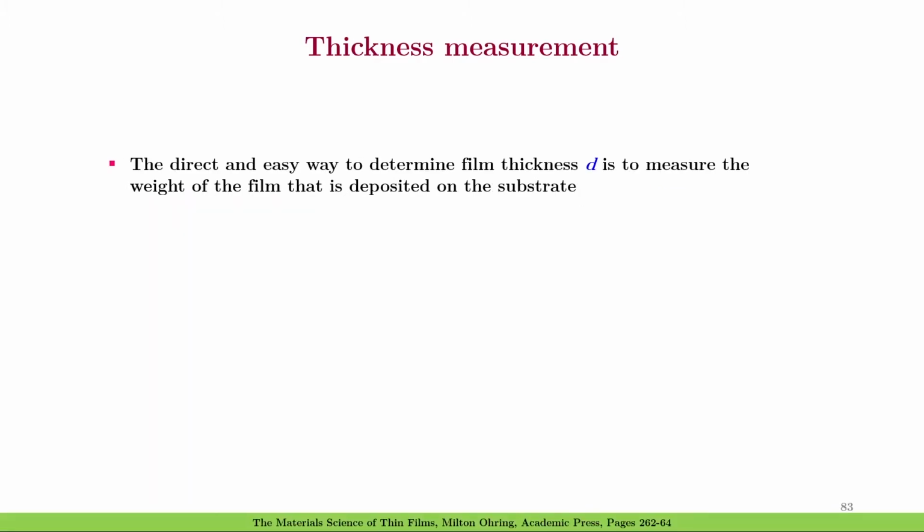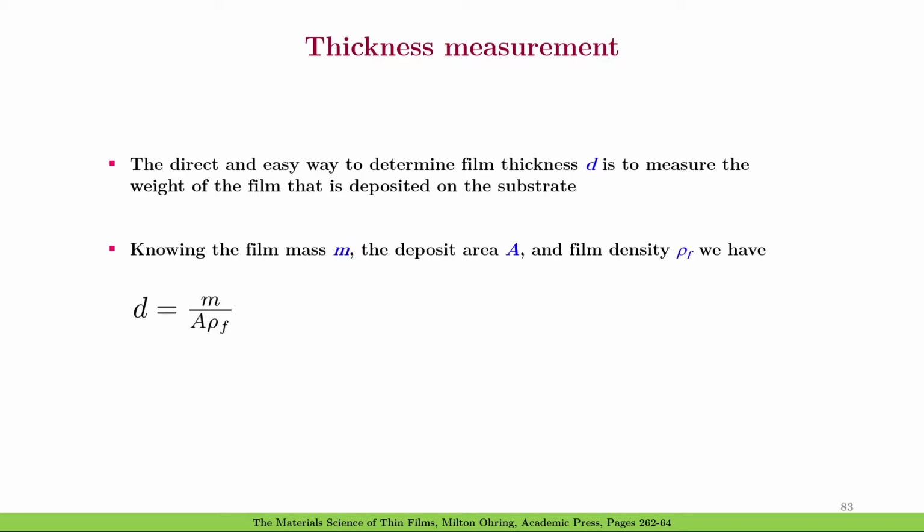The direct and easy way to determine film thickness D is to measure the weight of the film that is deposited on the substrate. Knowing the film mass M, the deposit area A, and film density ρf, we can calculate its thickness D as equal to M over A times ρf.